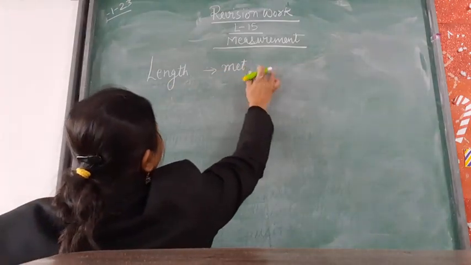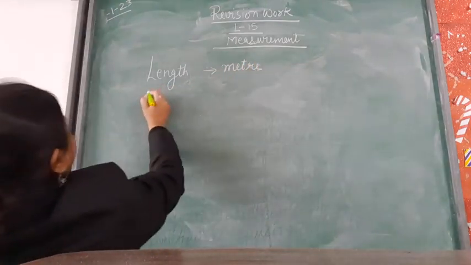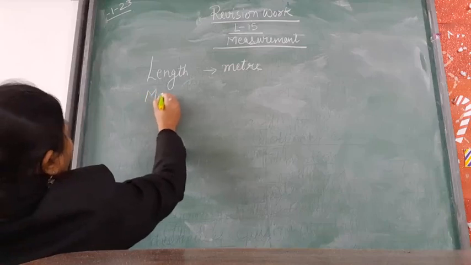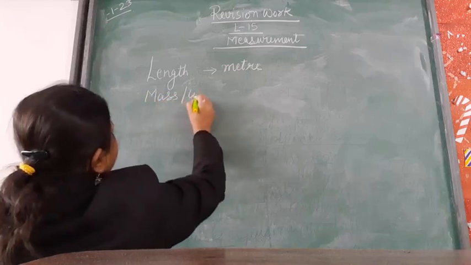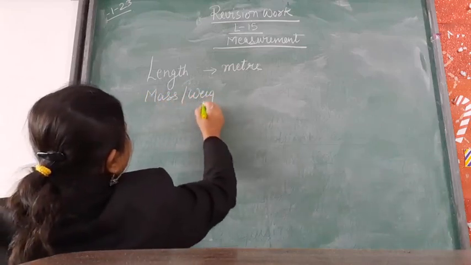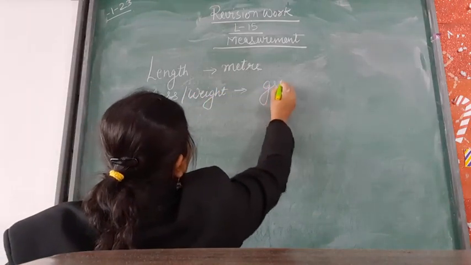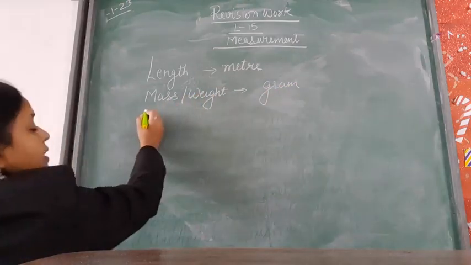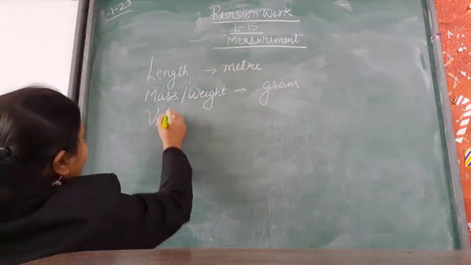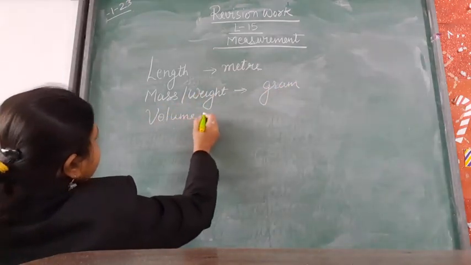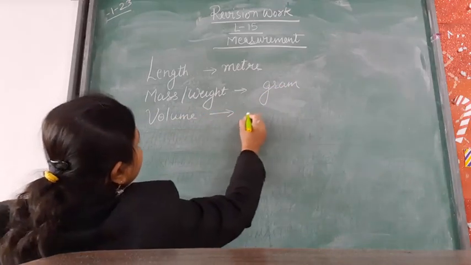The basic unit for mass or weight is gram, and the basic unit for volume or capacity is liter.